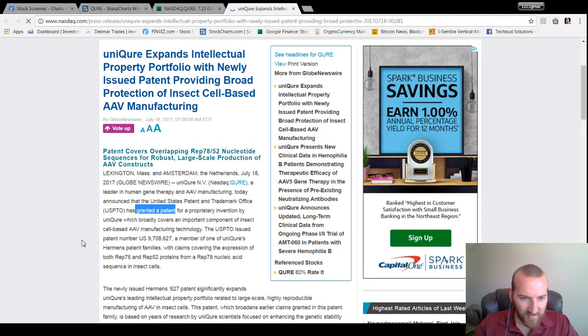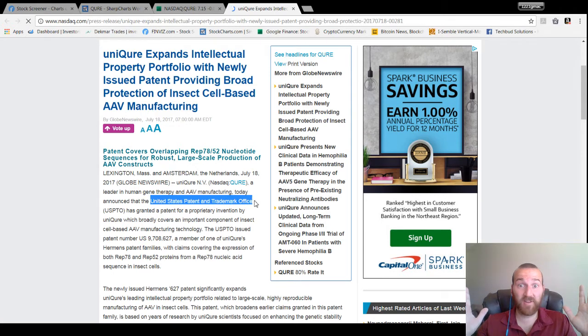They issued a patent, a member of one of the patent families with claims covering the expression of both Rep78 and Rep52 proteins from a Rep78 nucleic acid sequence in insect cells. So I don't know what any of that means, but I see granted a patent from the United States Patent and Trademark Office. So that's big right there.